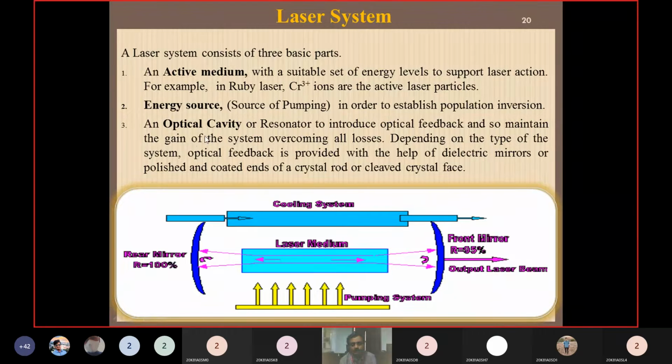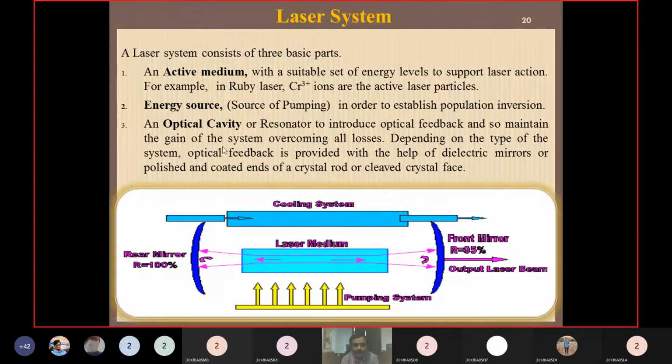Next is the optical cavity, the most important one. The optical cavity, or resonator, introduces optical feedback and maintains the gain of the system, overcoming all losses.